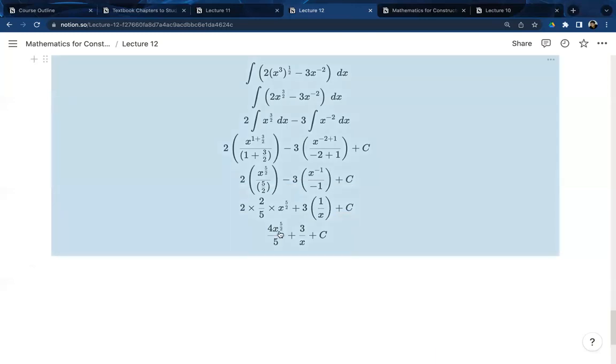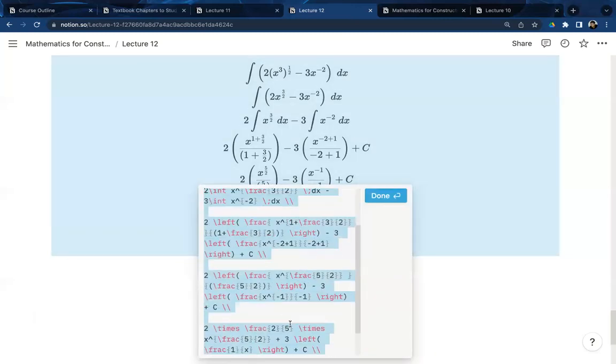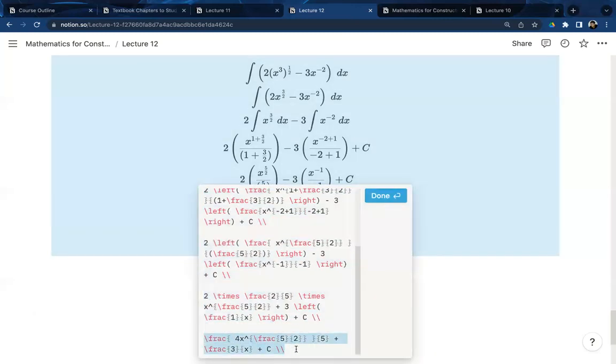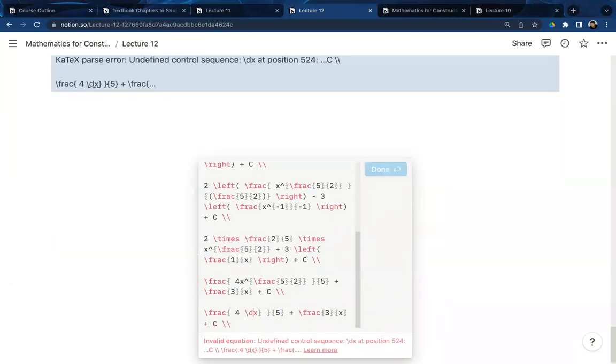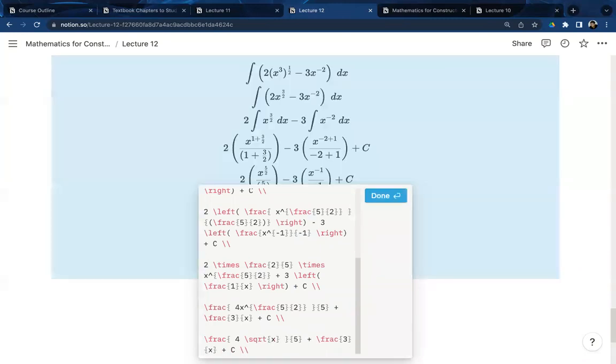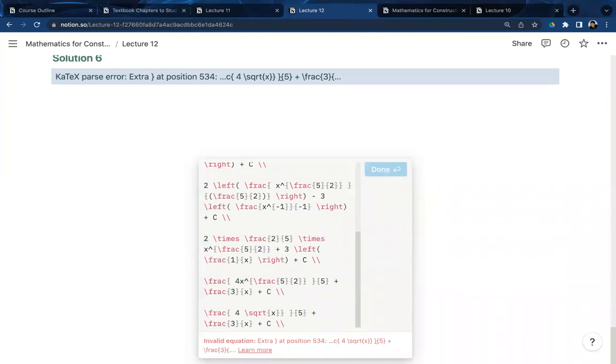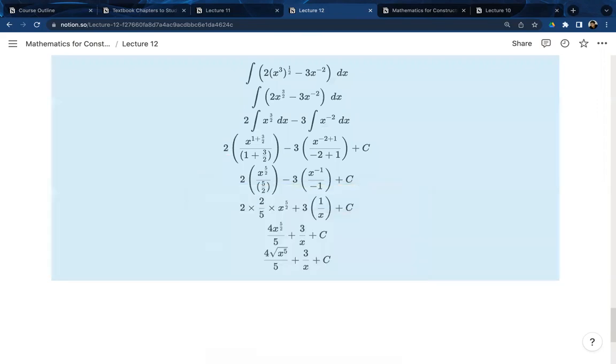And then you could write the question in terms of square roots, right? You could rewrite the question in terms of square roots. x to the power 5 over 2 is the same as the square root of x to the power 5, with 5 as the denominator, right?